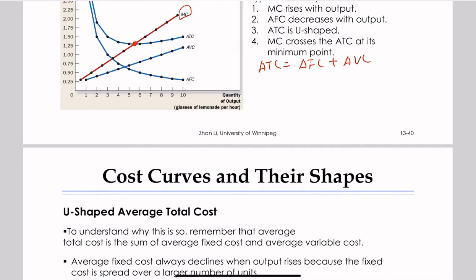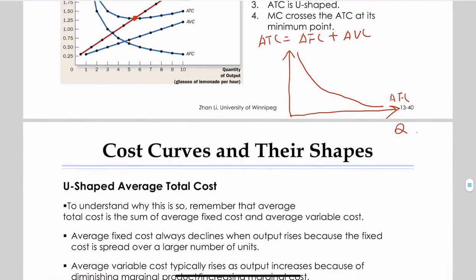In terms of pictures, the AFC curve looks like this, because we know it decreases as we increase quantity. And then generally the AVC curve will increase because marginal cost increases. So this is the AVC curve.